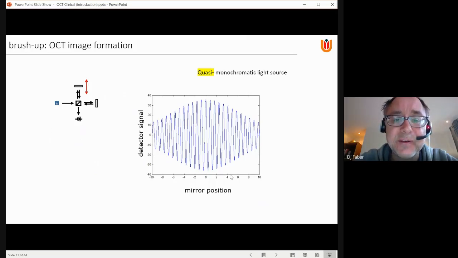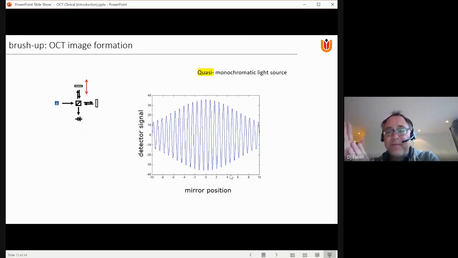So I would still see a long interference pattern, but it will be maximized only around mirror position 0. And at any other mirror position, so let's say at mirror position 6 or so, some wavelengths are going to be completely in phase, but some are going to be completely out of phase, and they will cancel.